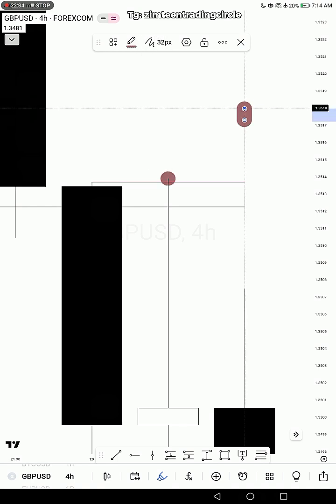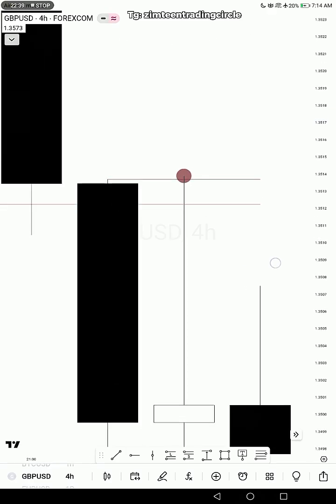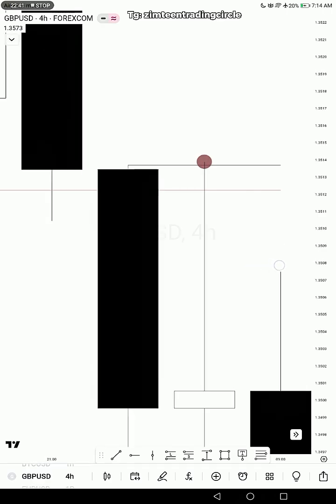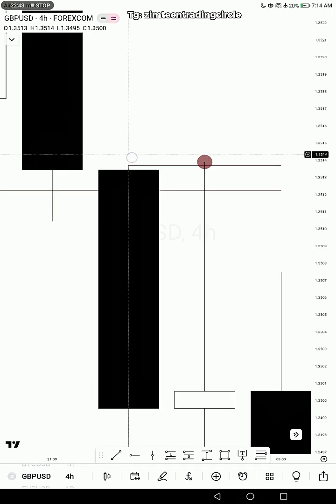Okay, right here there was a liquidity sweep, and that liquidity sweep, this candle range right here is our 1 a.m. This is our 5 a.m. 4-hour candle, 5 sweeping the 1 a.m.'s high, and our nearest draw on liquidity should be the 1 a.m.'s low.